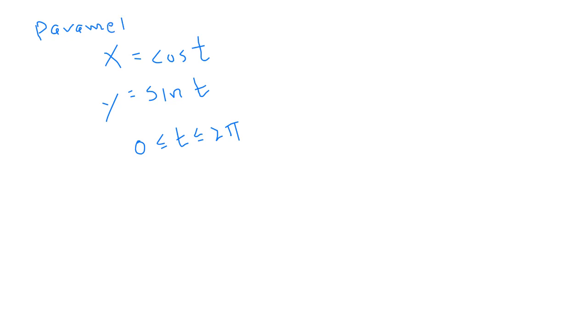So like if you have x equals cosine of t and y equals sine of t, where t is between 0 and 2 pi, those are parametric equations, right? How many recall seeing those in maybe algebra or pre-calculus?